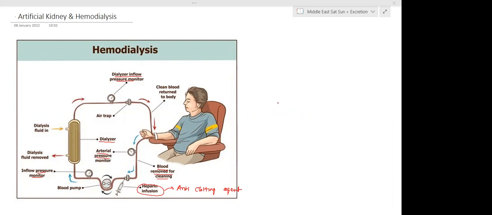The machine is also known as hemodialyzer. Full stop. Next point.